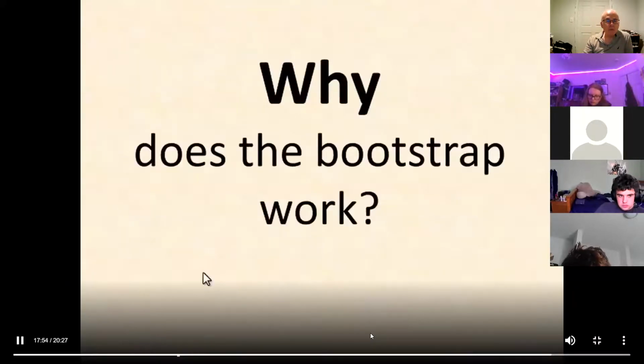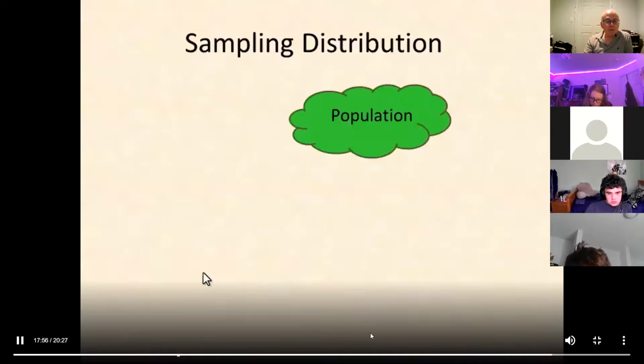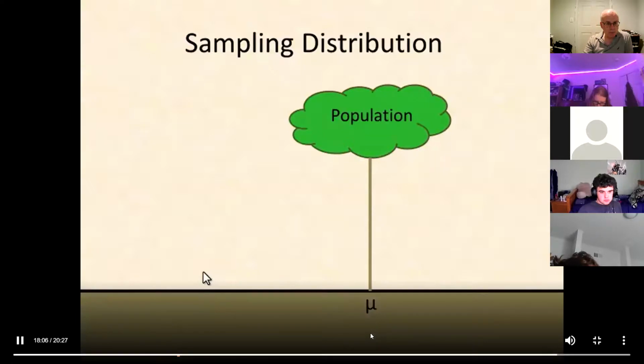So, why does the bootstrap work? Here is a sampling distribution. We have some population. There is some mean for this population. It's fixed. We don't know what it is. We sample from the population, and there's one of our sample statistics. Notice that it's not the same as mu, but it's not that far off. Take another sample.